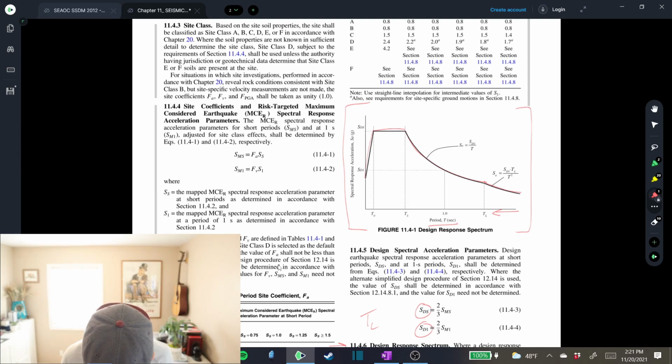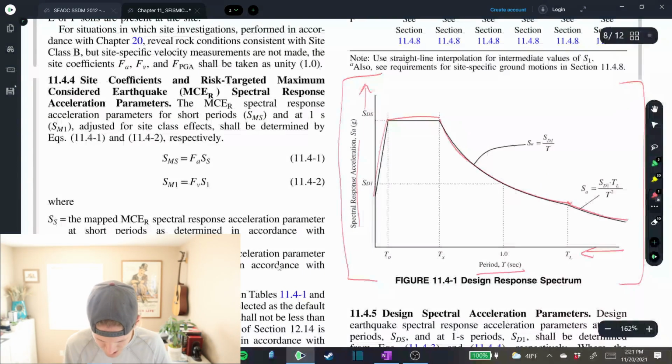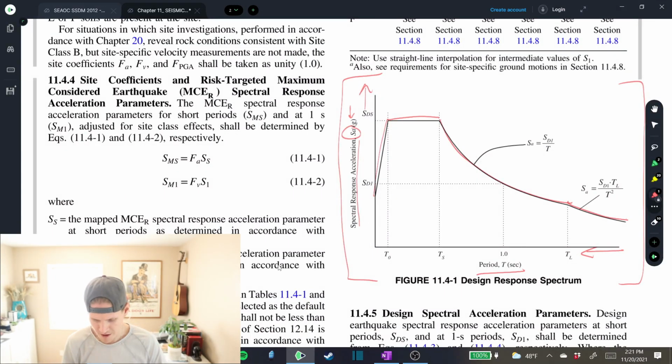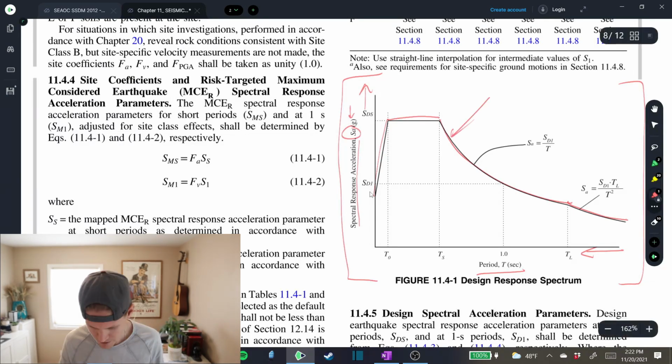And then on your Y axis, that is your spectral response acceleration, S sub A. And then you have points of interest as well, SD1 and SDS. Again, those were provided to us. So what we are finding today is our spectral response acceleration, S sub A, at points along different periods, T. And that data then creates this line graph.